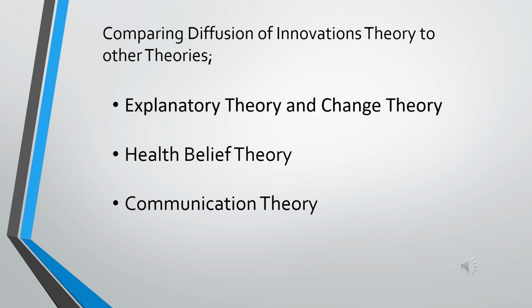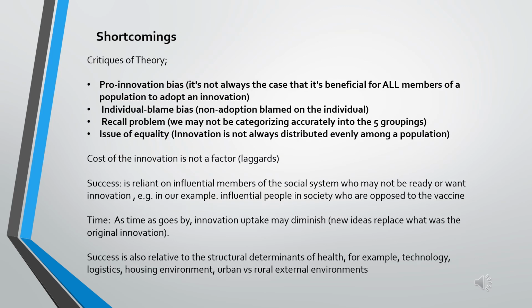really pairs well in conjunction with diffusion of innovation because it is really focusing on how to best get the message that this innovation is the best thing for us to do to the widest swathe of the population. There are several limitations or shortcomings to the diffusion of innovation theory.